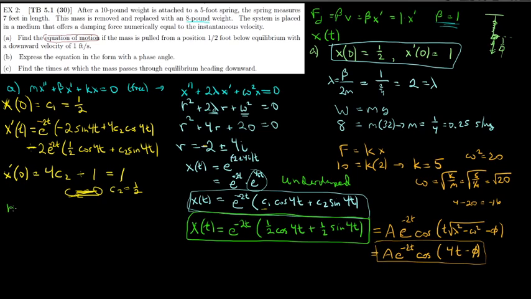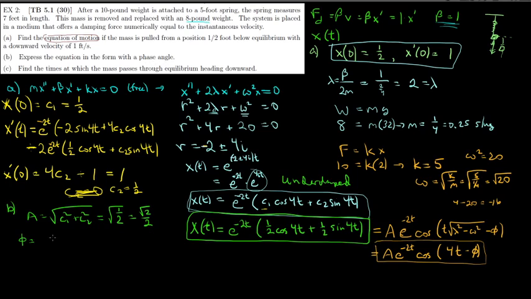So this is part B right here. So A, of course, is just the square root of c1 squared plus c2 squared. So 1/2 squared plus 1/2 squared is 1/2. So this is just the square root of 1/2, or if you prefer, square root of 2 over 2. All right, now the question they ask for is the phase angle. So that's phi.